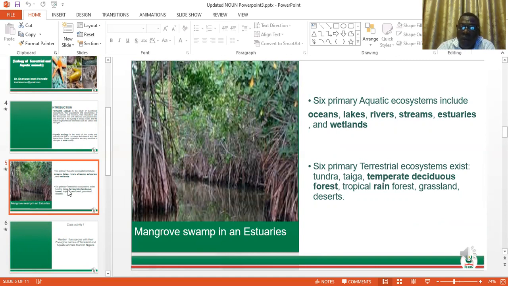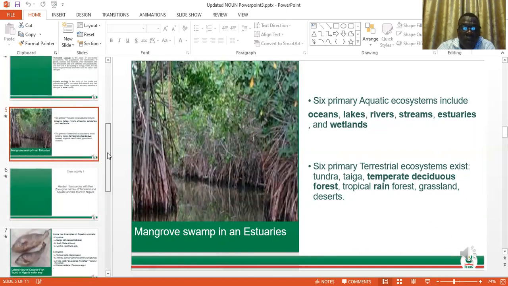We said we have 6 primary aquatic ecosystems, which are the ocean, lakes, rivers, streams, estuaries, and wetland. And for the terrestrial, we also have 6 primary ecosystems: tundra, taiga, temperate deciduous forest, tropical rainforest, and the grassland.